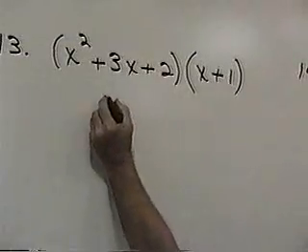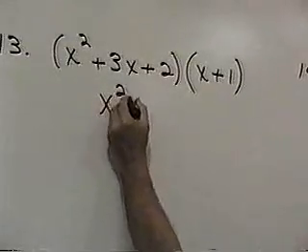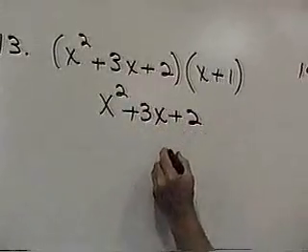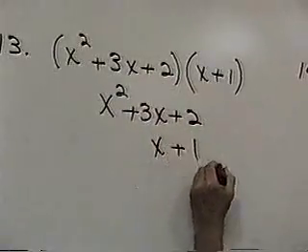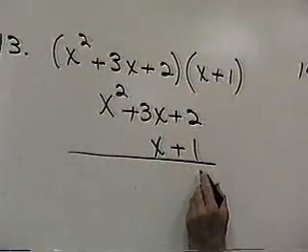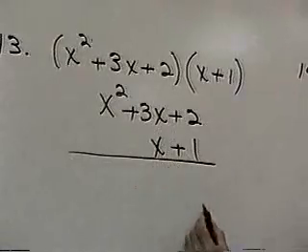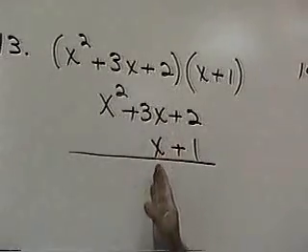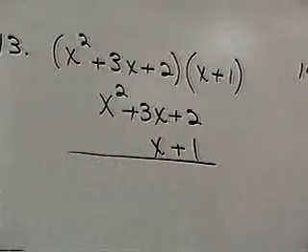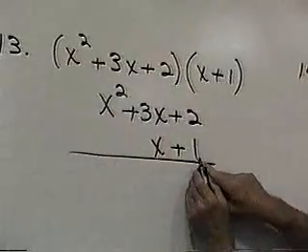So what that says is we're going to write down x squared plus 3x plus 2, and then write this down underneath it. Put numbers underneath numbers, just like ones underneath ones, x's underneath x's, just like tens underneath tens, and x squares underneath x squares, and so on. And now we do the same process.